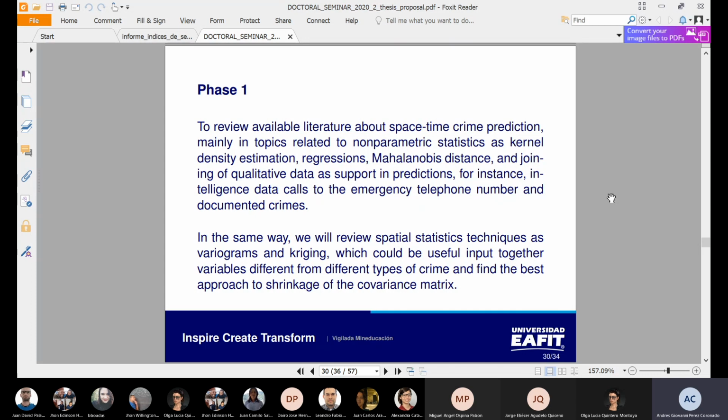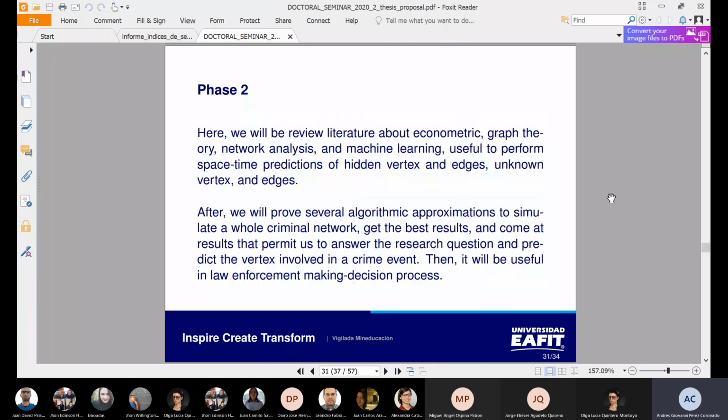We will review the spatial statistic techniques of variograms and kriging, and it could be useful to put together a lot of these variables with an approach of shrinkage of the covariance matrix. Phase 2 reviews literature in econometrics, graph theory, network analysis and machine learning used to perform space-time predictions to predict, of course, I repeat, hidden vertices and edges.